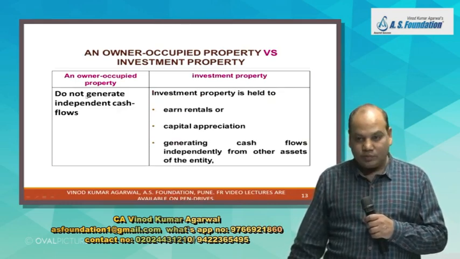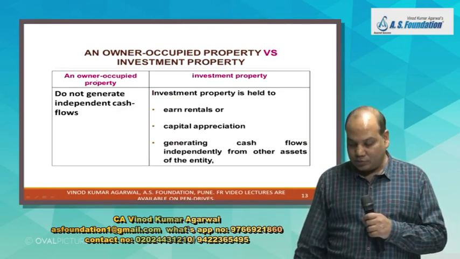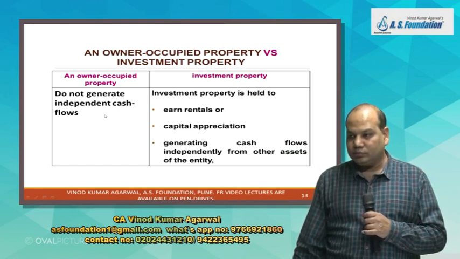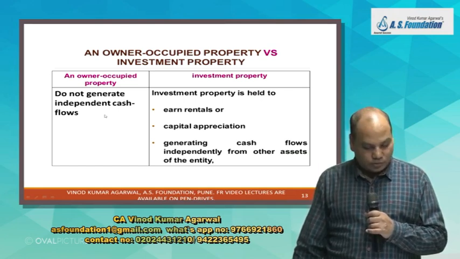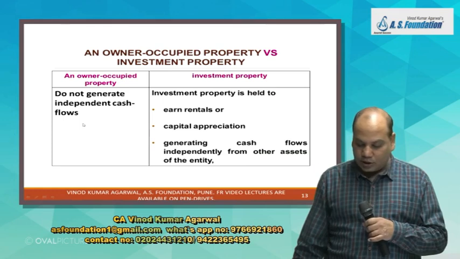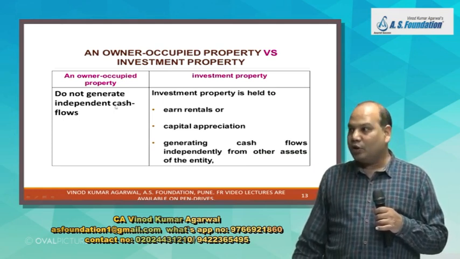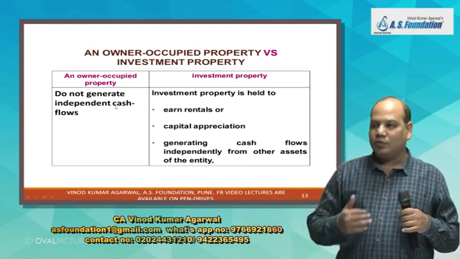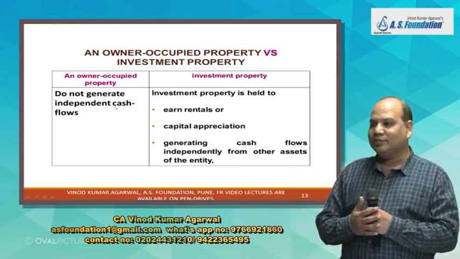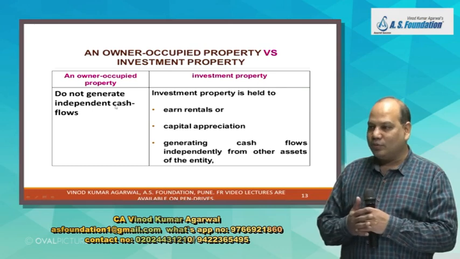Now we'll come to the understanding part. What are the key differences? Owner occupied property does not generate independent cash flows from other assets of the entity. Is it right? In case of owner occupied property, there are so many assets which work together to generate the cash flow.